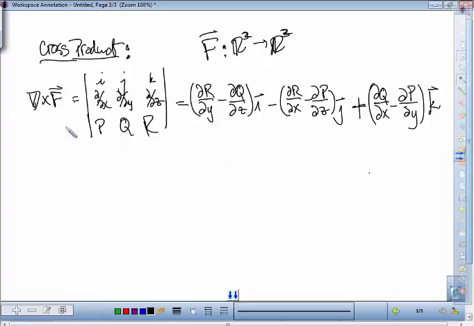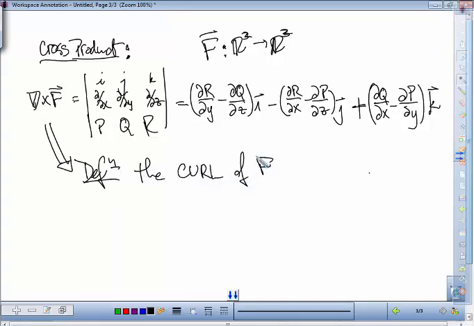This is called the curl. So you can write it literally with the cross product notation, or you can actually write the word curl F to mean the same thing. Okay?